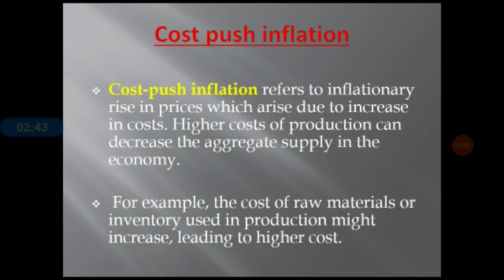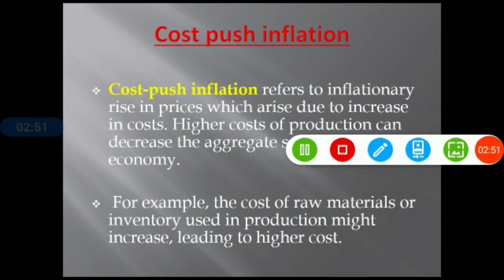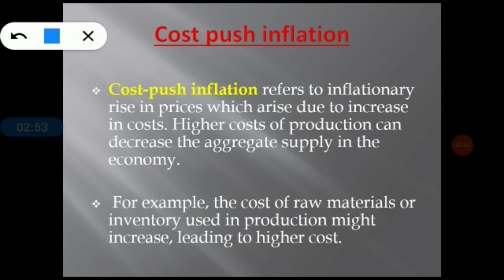So here is another type of inflation, which is cost push inflation, and cost push inflation is basically related to the supply side. Okay, and cost push inflation originates from supply factors only. So now going to the definition. Cost push inflation refers to the inflationary rise in prices which arises due to the increase in cost.